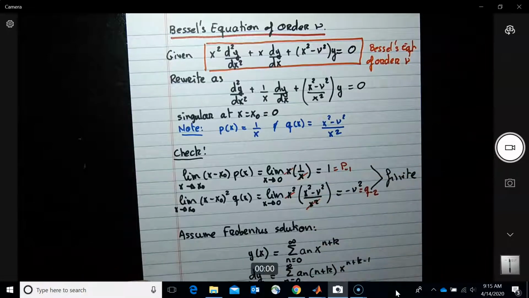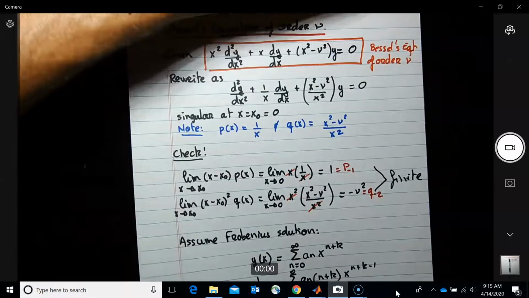So if we substitute into that equation, we're going to get the initial equation.